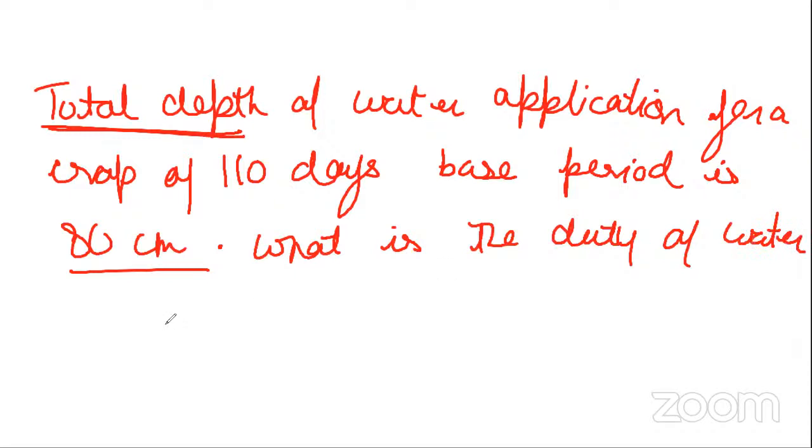So how are you going to calculate here? As you know, delta is equal to 8.64 b by d, where d is the duty of water.